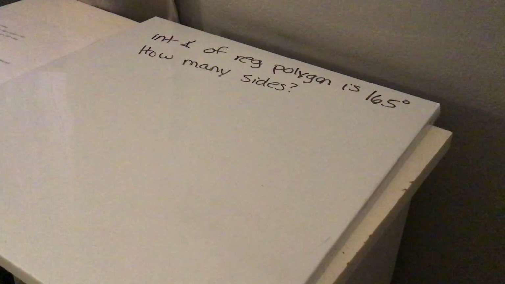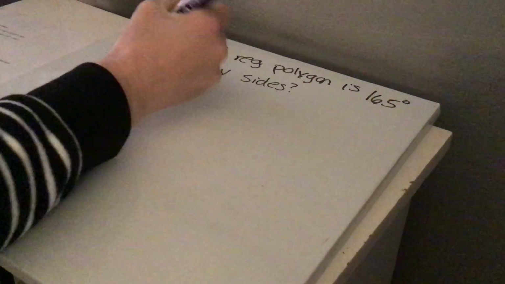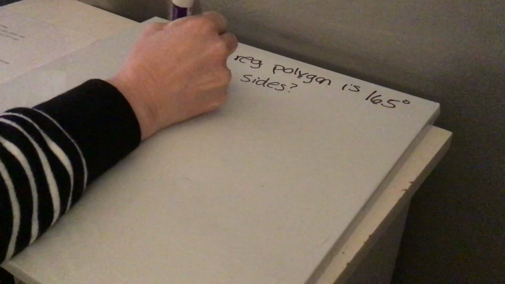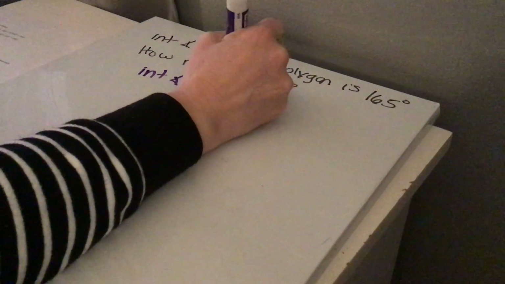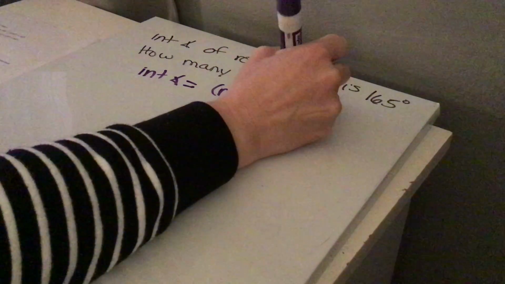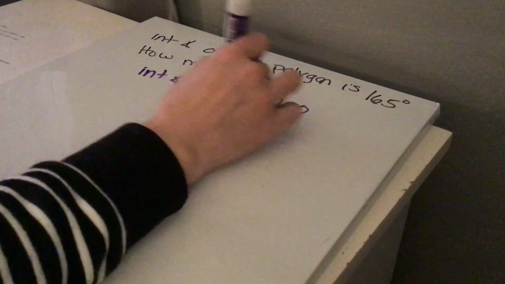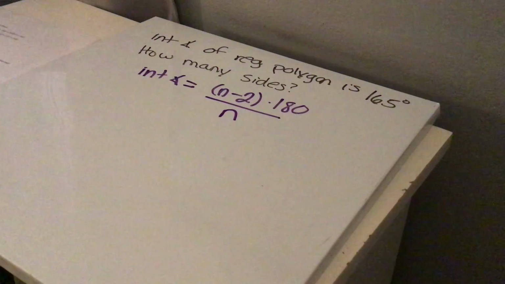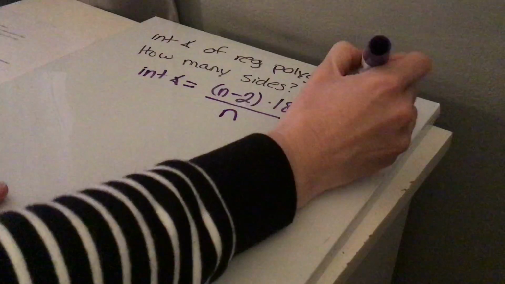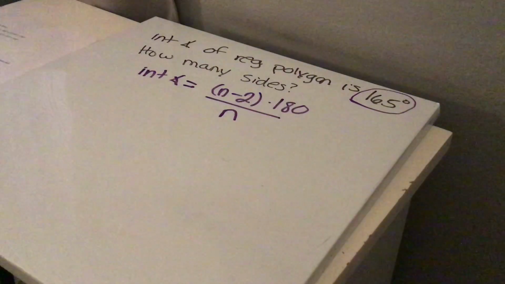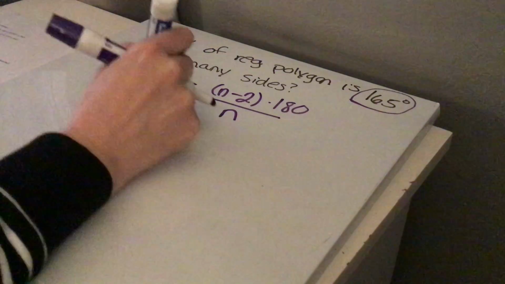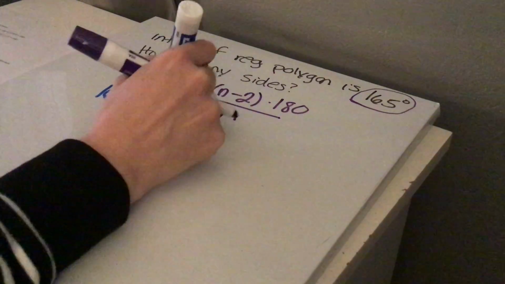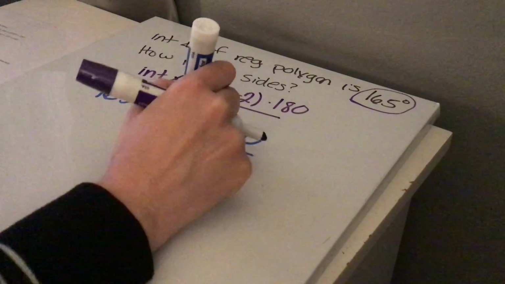Okay, well, the corollary told us that the interior angle of a regular polygon is going to be equal to the number of sides minus 2 times 180 divided by the number of sides. Okay, but we know that the angle itself is 165 degrees. So we know that 165 has to equal n minus 2 times 180 divided by n.